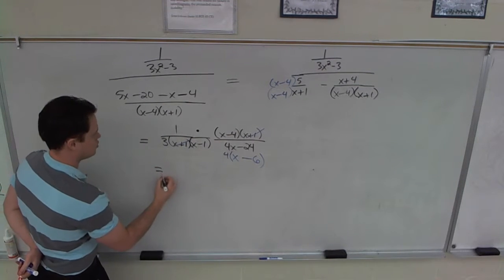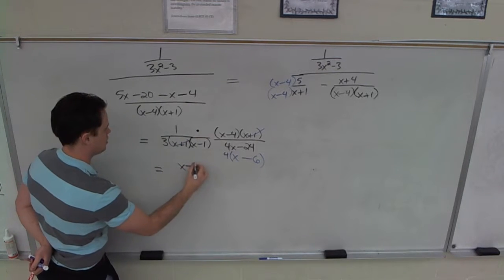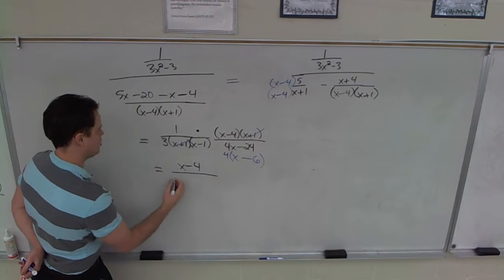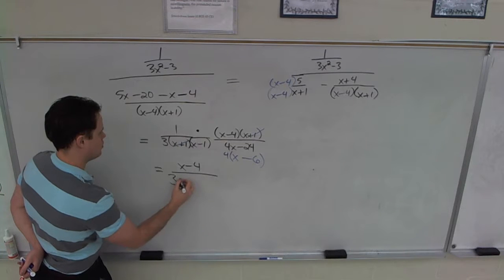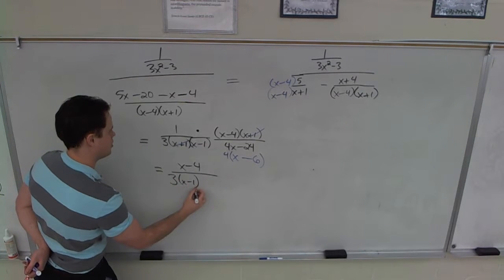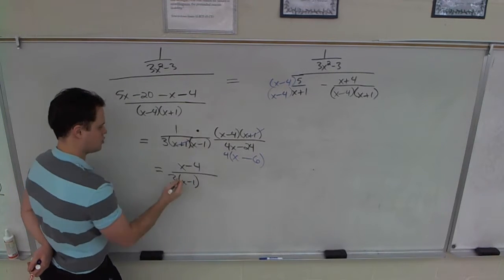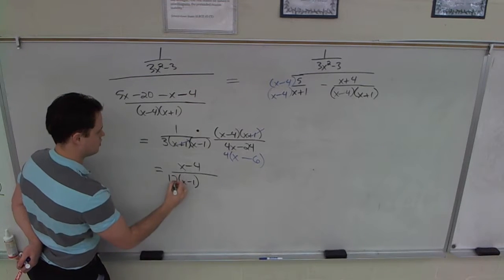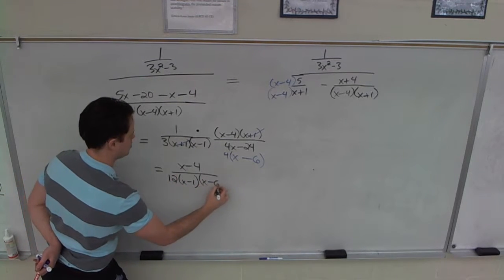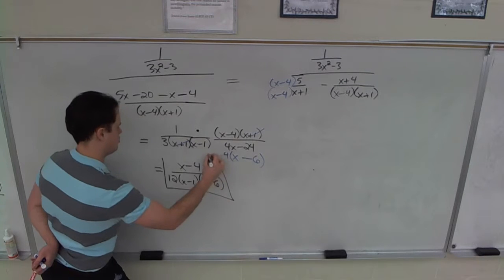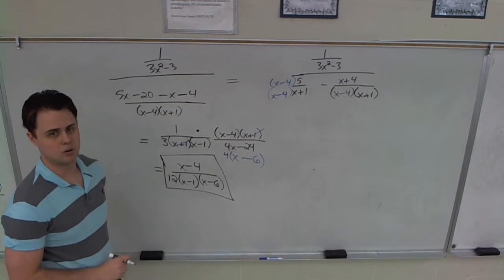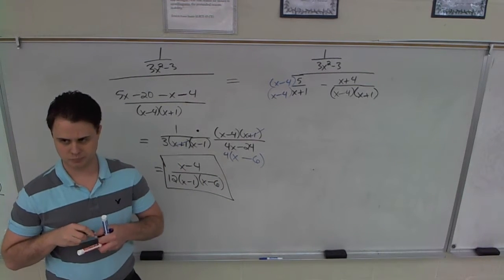So this is going to cancel to all that's left on top is x minus 4. On bottom we have 3, we have x minus 1. 3 times 4 is really 12, and then we also have the x minus 6. There you go. There's another one.